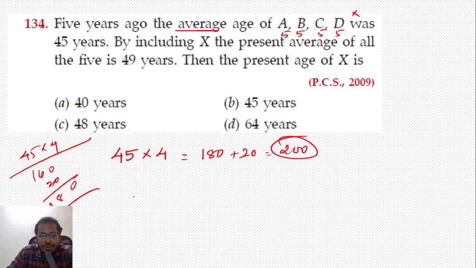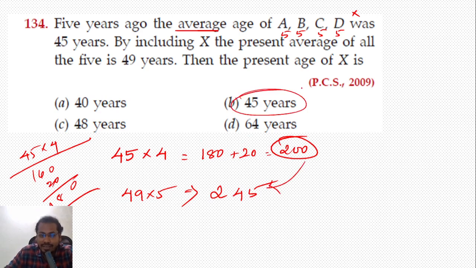Now for 5 persons, the present average of all the 5 is 49 times 5. So 49 times 5 is 245. Okay, so the present age of X is the difference between these two, 45 years.